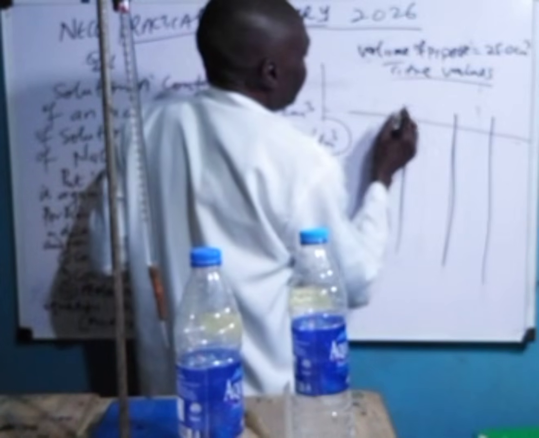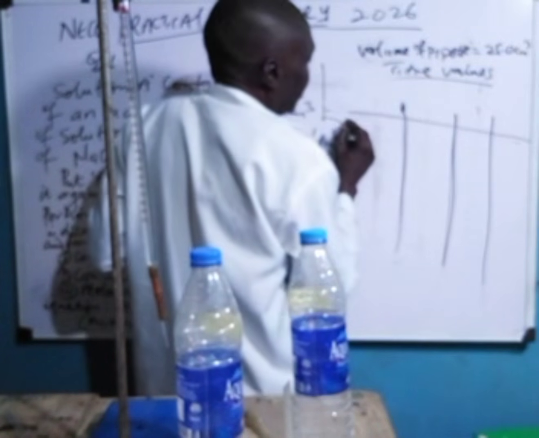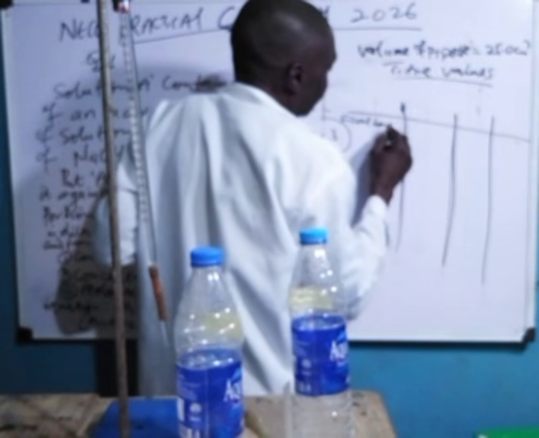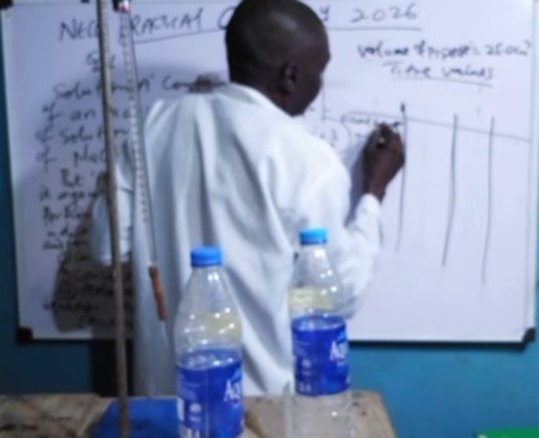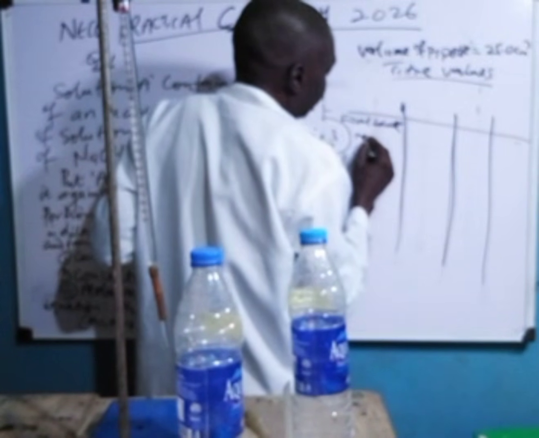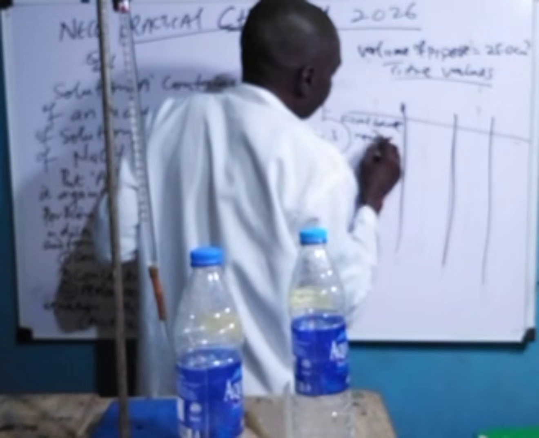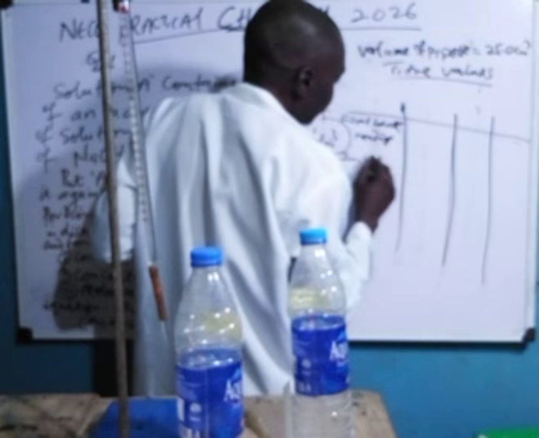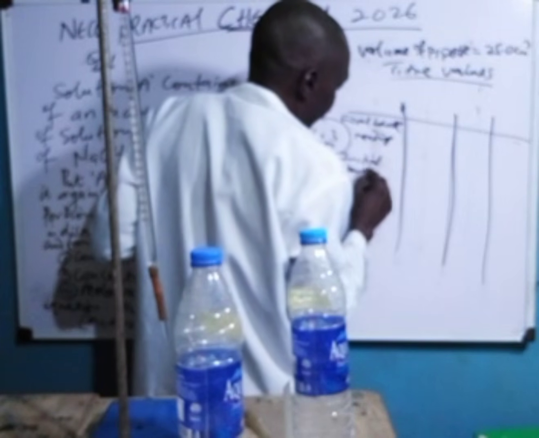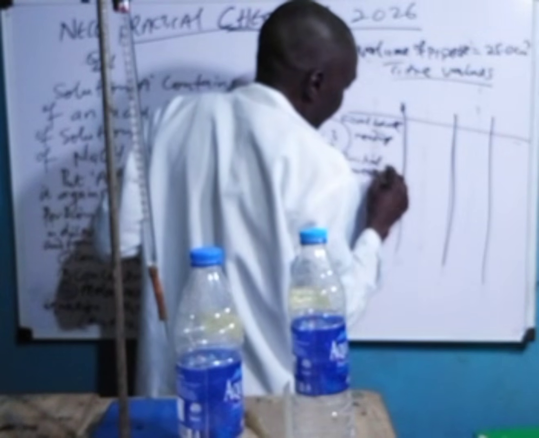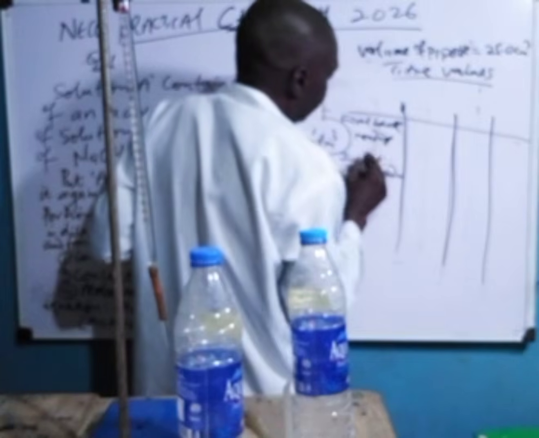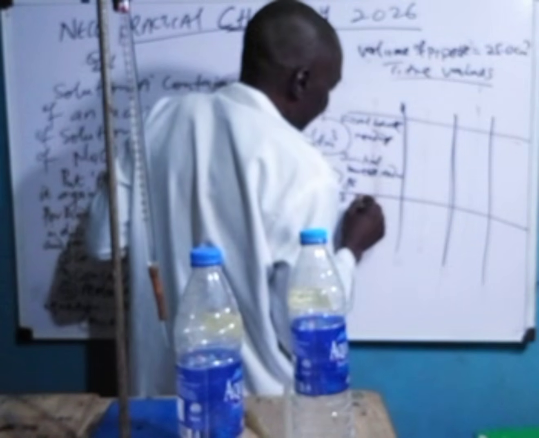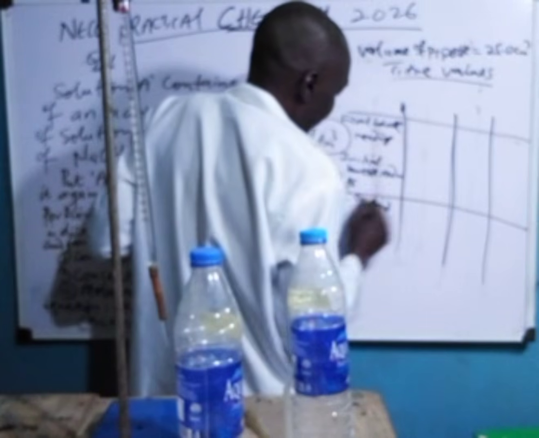So here we have final burette reading, initial burette reading, volume of acid used.